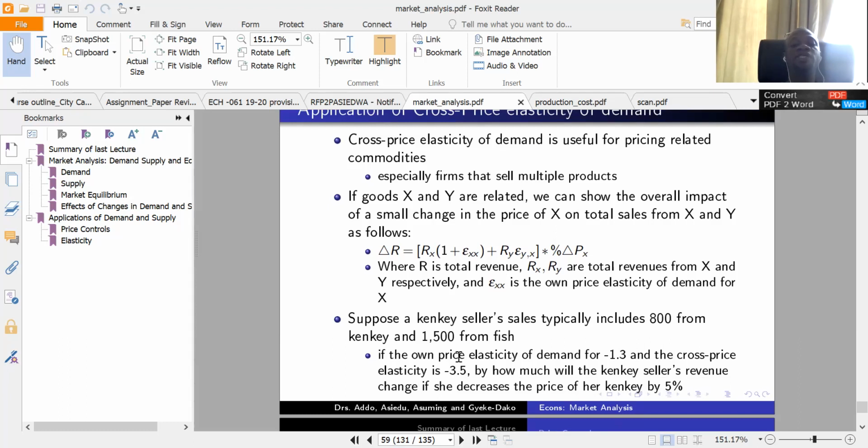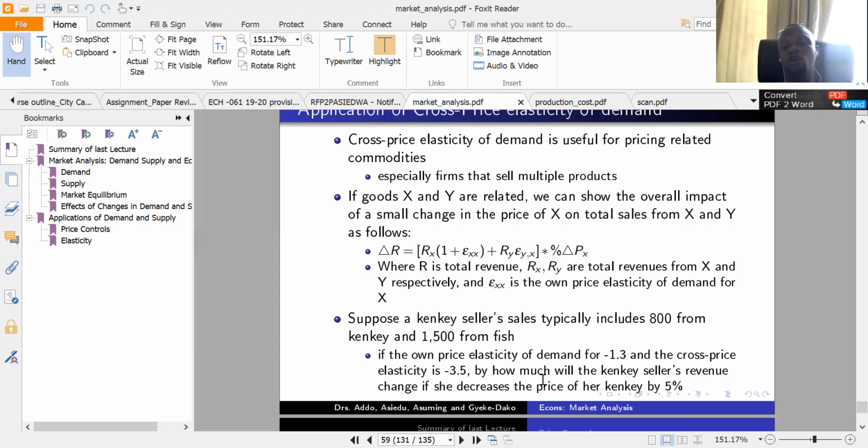If the own price elasticity of demand for Kenke is 1.3, and the cross price elasticity is minus 3.5, by how much would the Kenke seller's revenue change if she decreases the price of Kenke by 5%?